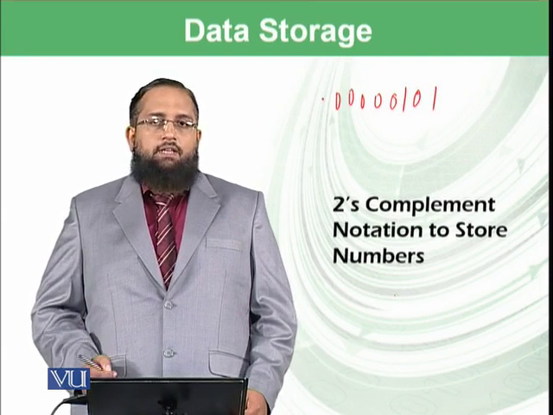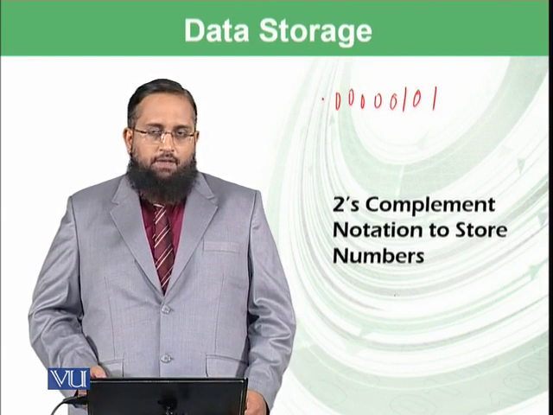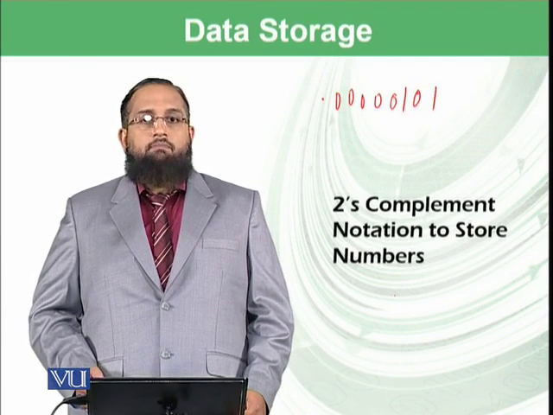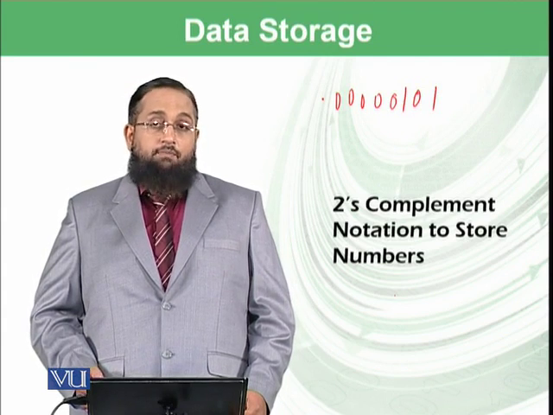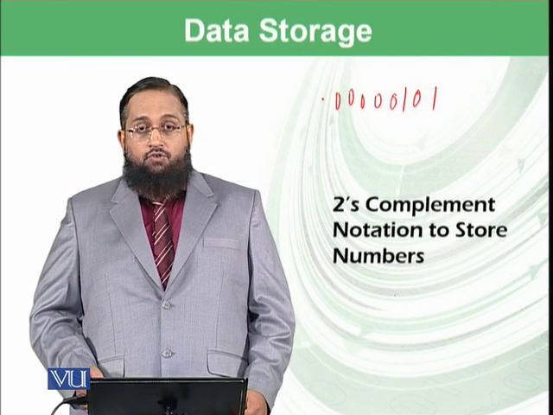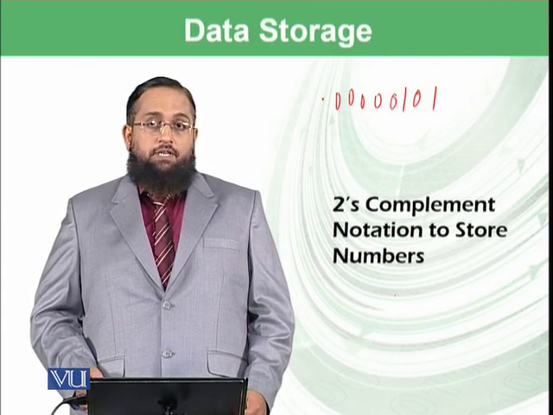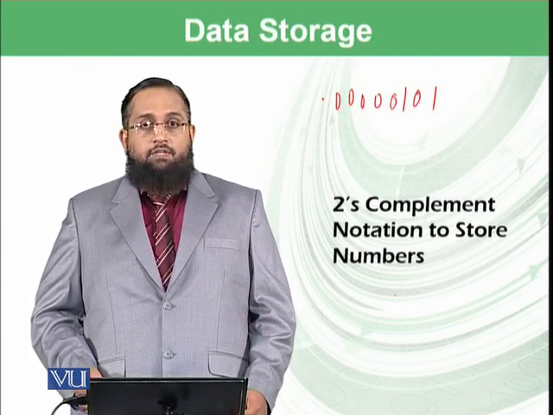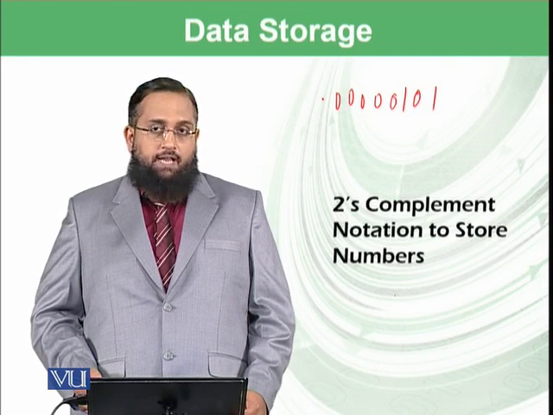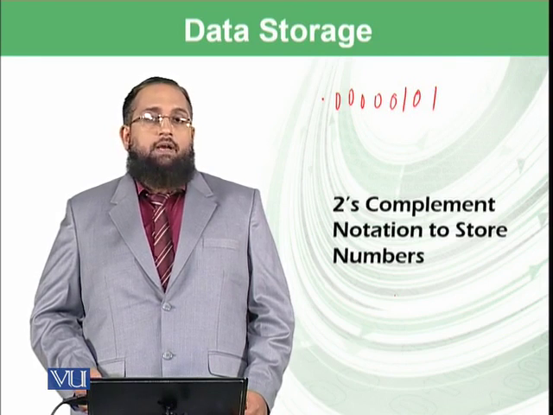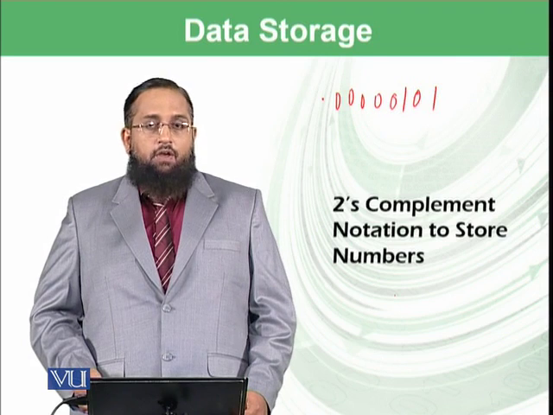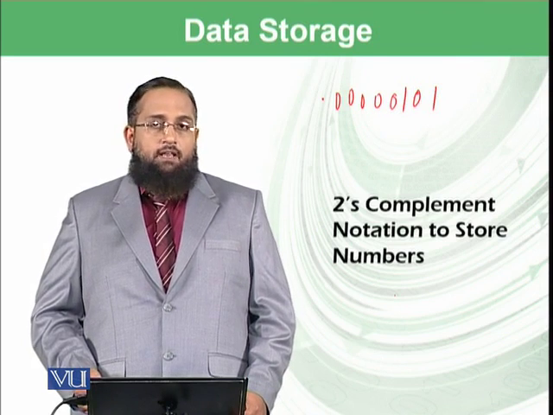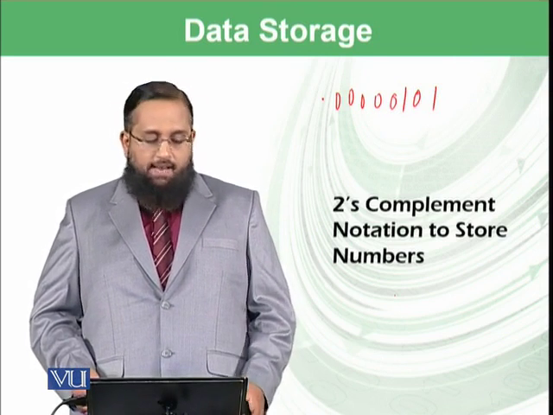But what if there is -5? How will we represent -5 using binary notation? So here is the scheme using 2's complement, which is actually being used by today's computers to represent numeric values, both positive and negative.